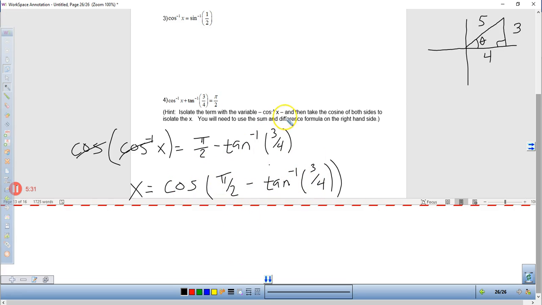So we're going to use our difference formula for cosine, and I'm going to call this S and this T. So remember, that's cosine of S minus T, which is cosine S cosine T, and we change the sign, plus sine S sine T.